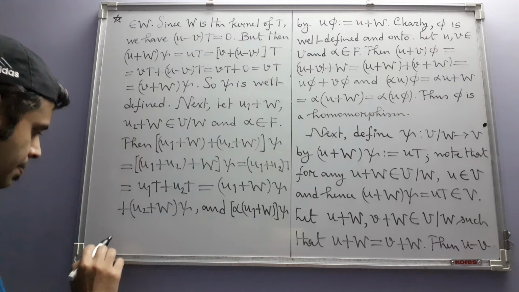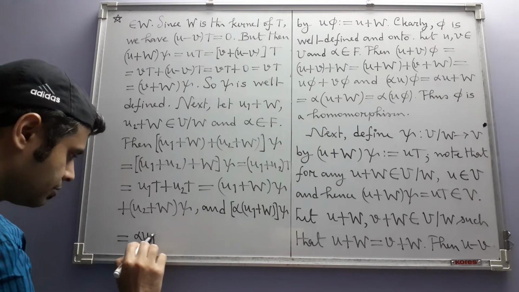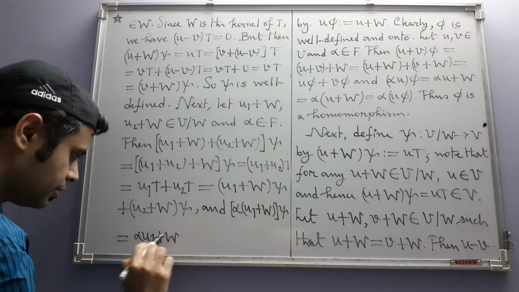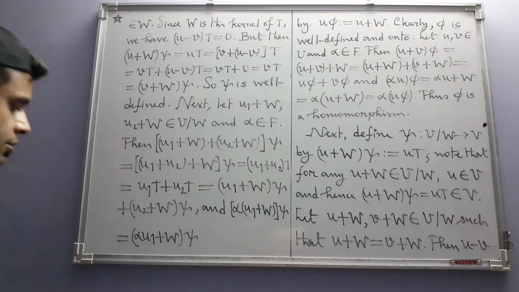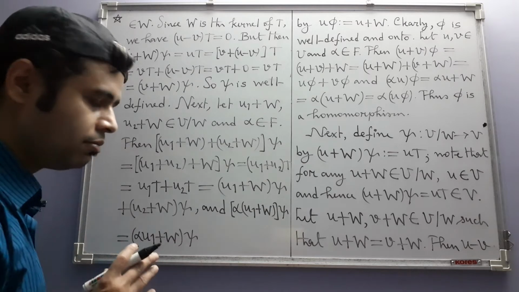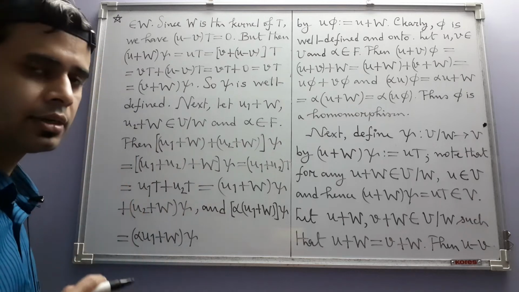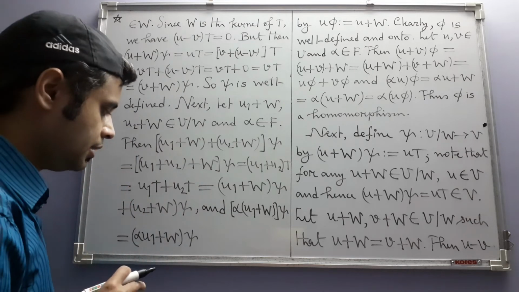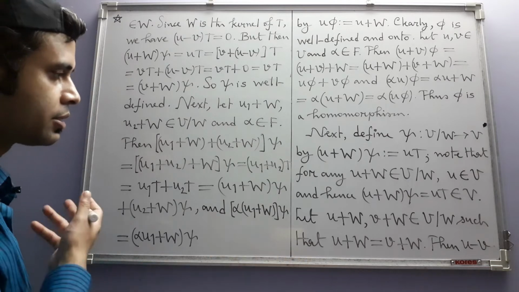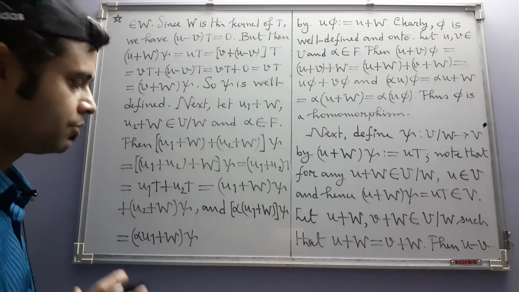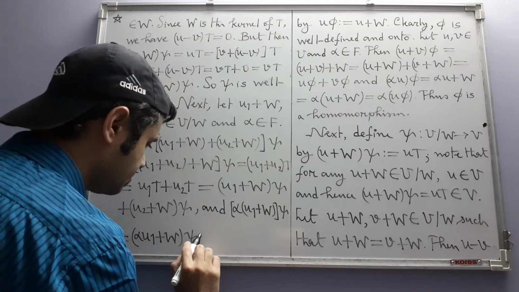Keep in mind that every step of these calculations, when we are writing these steps, the justifications should naturally come to our mind. If that is not the case, then we will get lost in these abstract symbols. If we lose track of what we are doing, then it's game over.